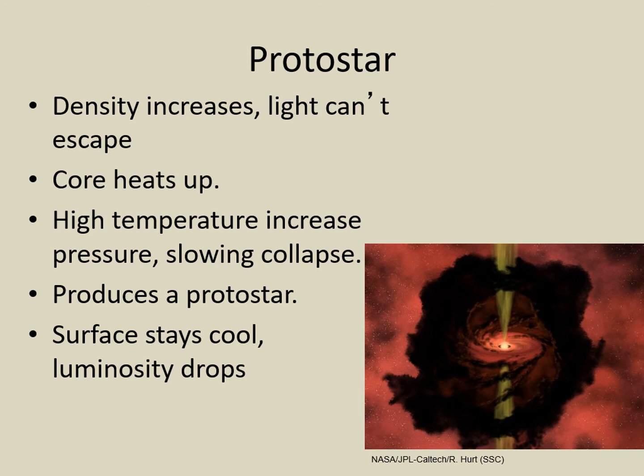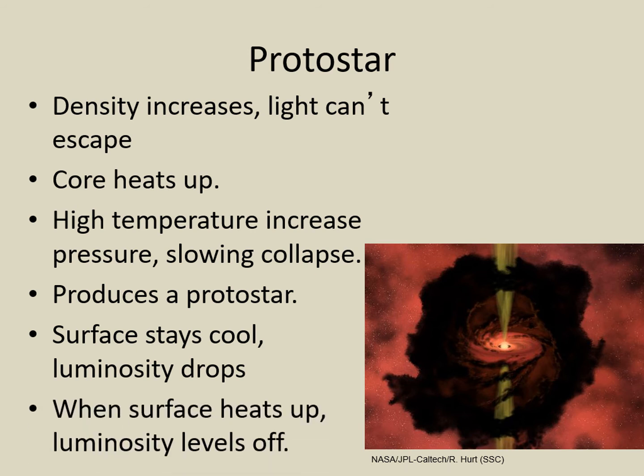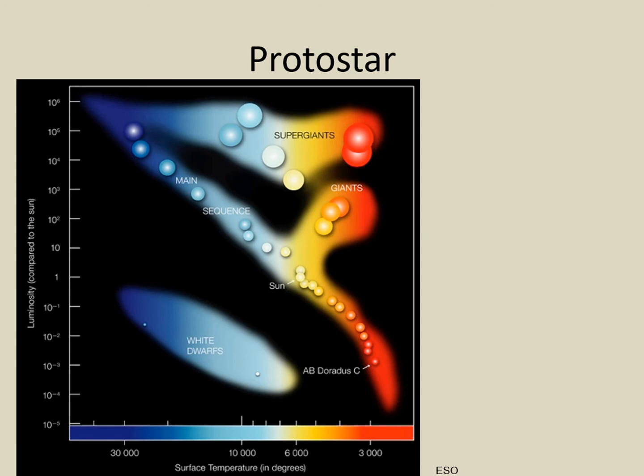But the surface temperature isn't changing, so the luminosity has to go down. This continues until the heat starts to work its way through to the surface. Once the surface heats up more, the star's luminosity levels off, though it doesn't go up much because the star is still getting smaller.